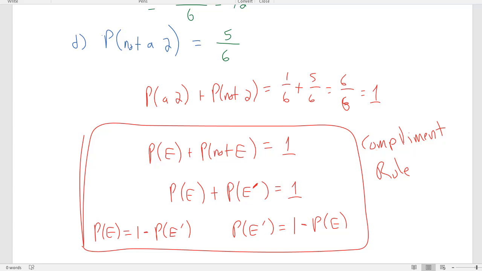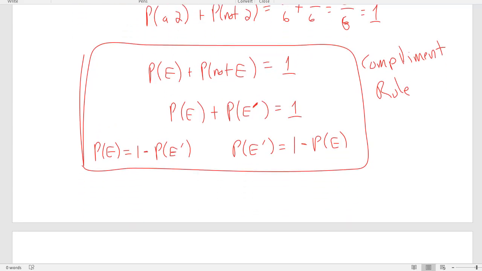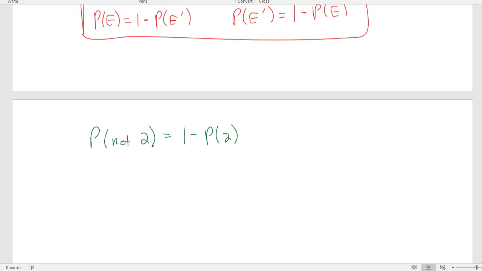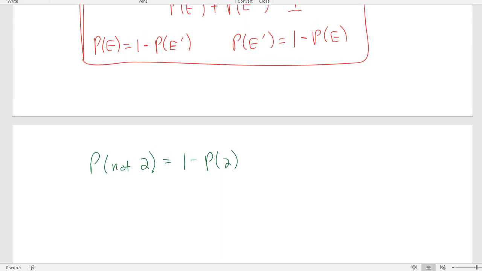What we could have done in this case of probability of not getting a 2, we could have said that the probability of not a 2 would be 1 minus the probability of getting a 2. Let me scroll back up so you can see that. So we would be looking at not E, so the probability of not E would be 1 minus the probability of E. Because we had already calculated the probability of a 2, that was 1/6.